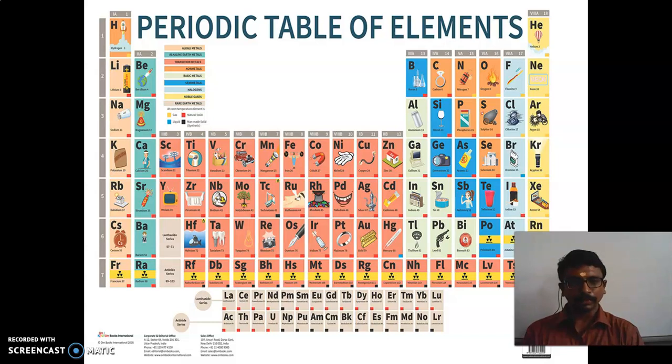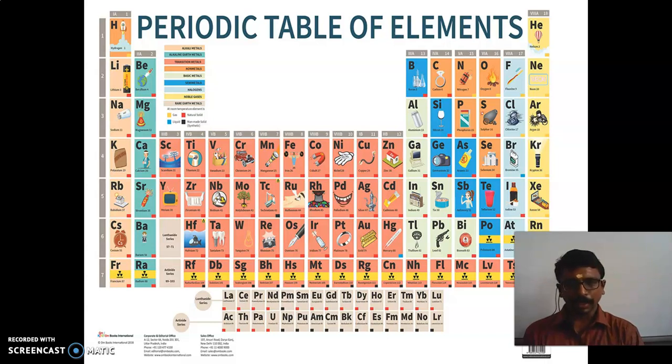There are several disadvantages to overcome in that periodic table. So the modern periodic table was introduced, in which the elements are arranged according to atomic number.